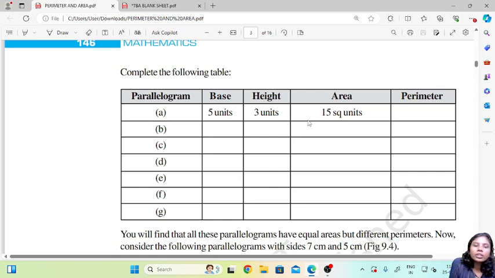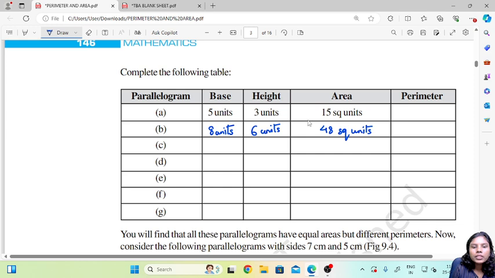So say now here the base is 8 units and the height is 6 units. In that case our area will be 48 square units.